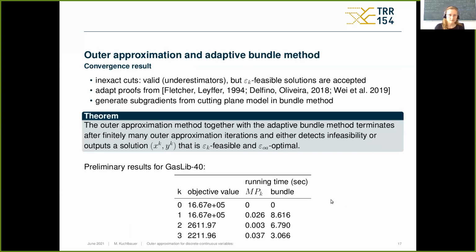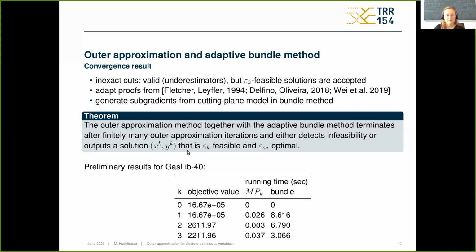So summing this up, we have these inexact cuts, these valid underestimators that accept approximately feasible solutions. That's how we can adapt the proofs from existing outer approximation methods.